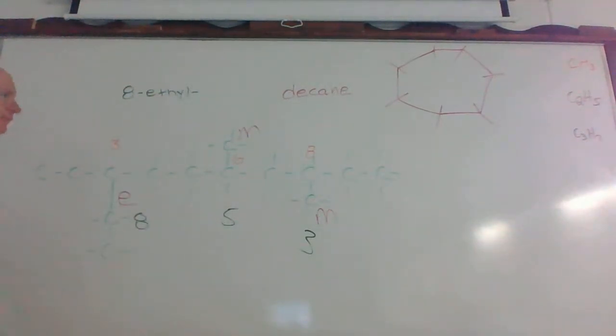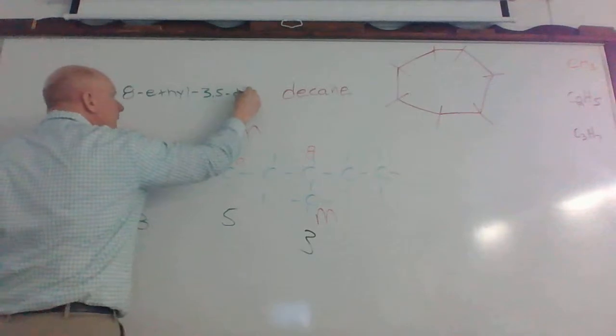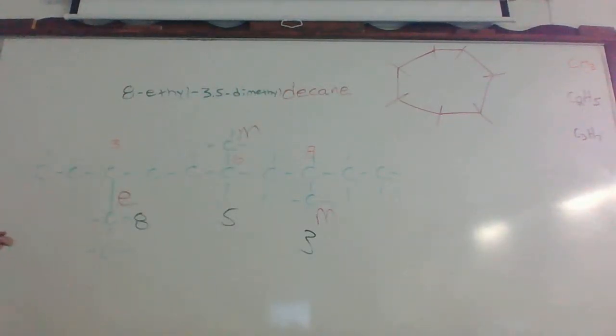Then what? 3, 5 dash dimethyl decane. You usually put the smaller one first.